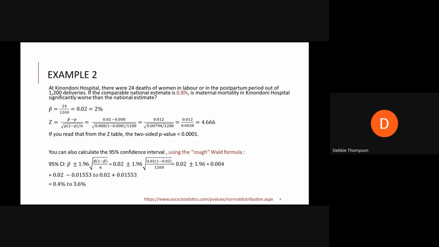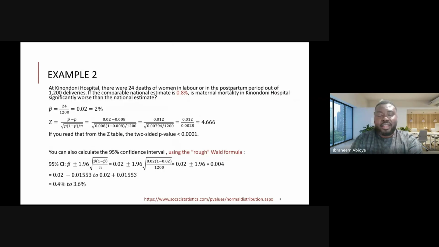Therefore, it would appear as if there's no significant difference. Yes. So there's a conflict between what the p-value is showing and what the confidence interval is showing. Excellent. Thank you. And that's why I said that this confidence interval approach is a rough approach.